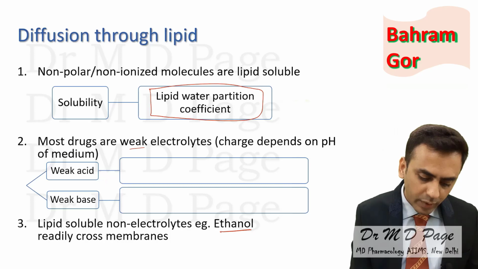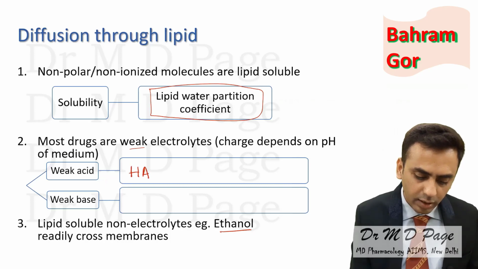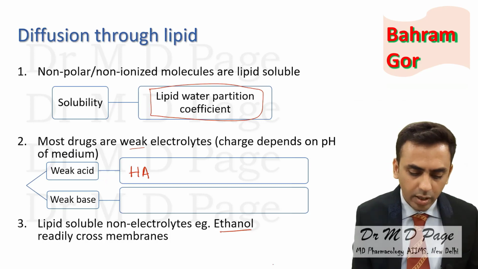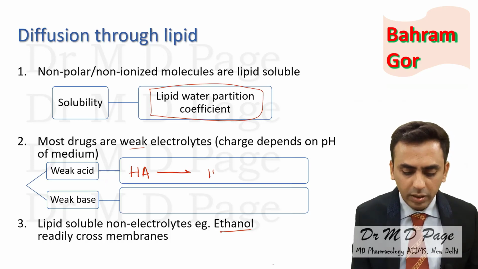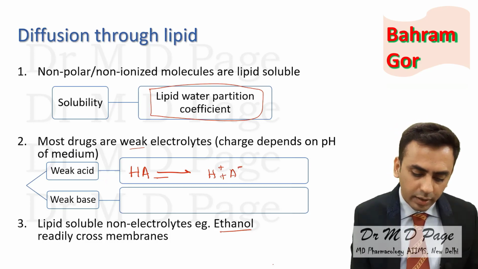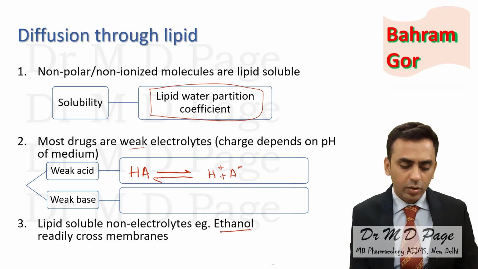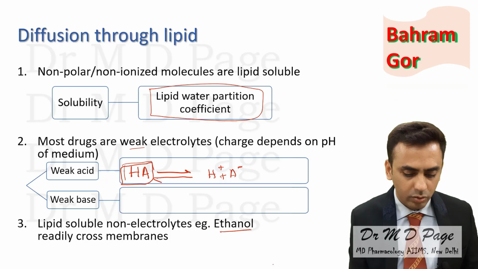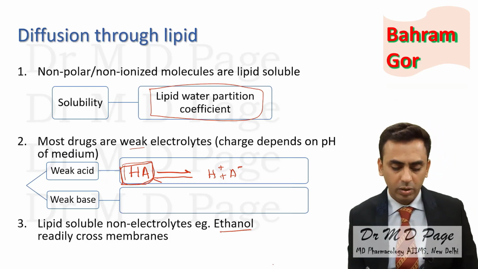For example, consider this general reaction I am writing. Consider HA is the acid. It will give rise to H+ and A- on dissociation, but it can reassociate to form HA. So if you see, this is the uncharged species, so this is the lipid soluble form.